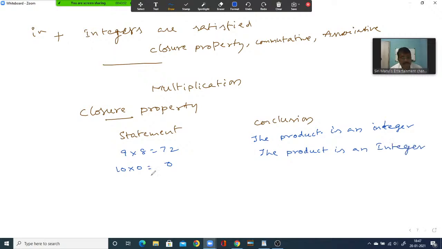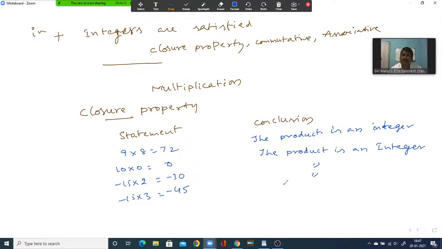So next, what is minus 15 into 2? First 15 into 2 is 30, then only we put minus 30. So this is also the same, product is an integer. Next, minus 15 into 3. First 15 into 3 is 45, minus 15 into 3 is minus 45.